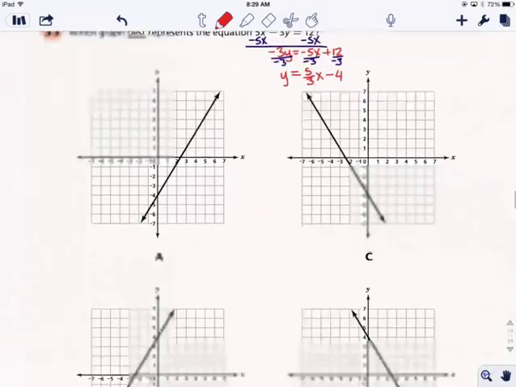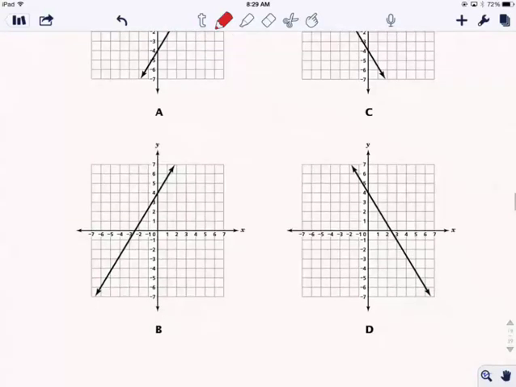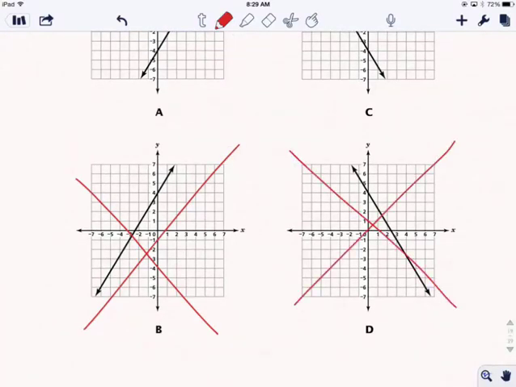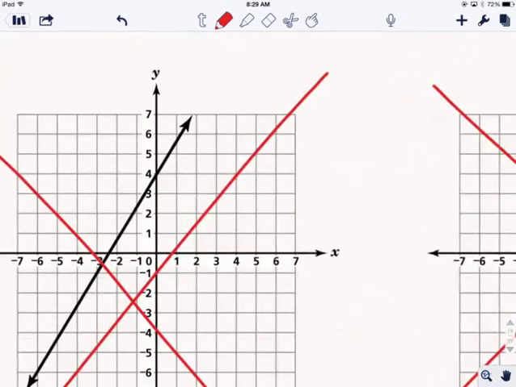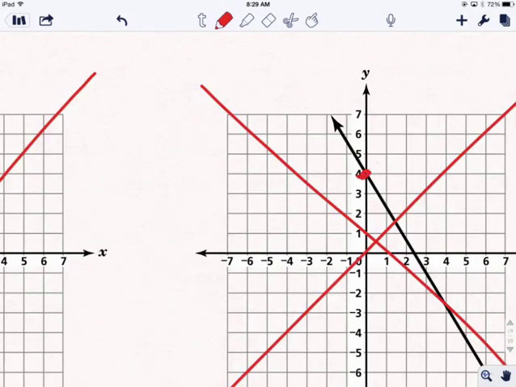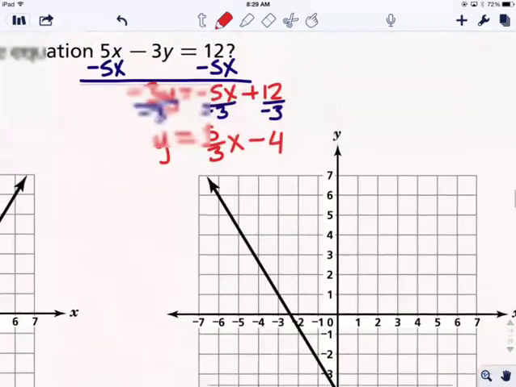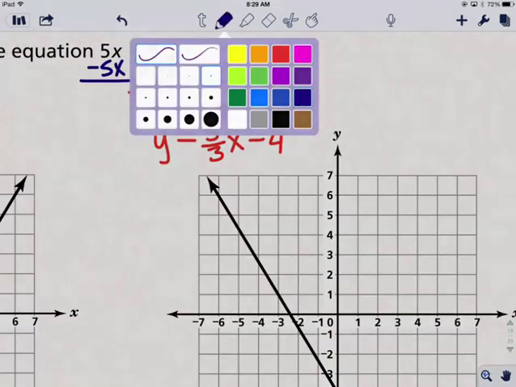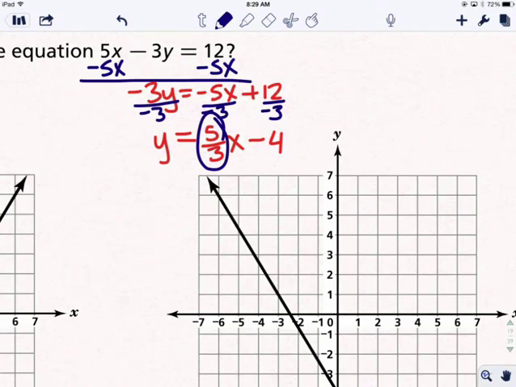So that immediately marks out B and D, right? Because the y-intercepts of both of these are positive 4. Now the slope of the graph that we want is positive 5/3.